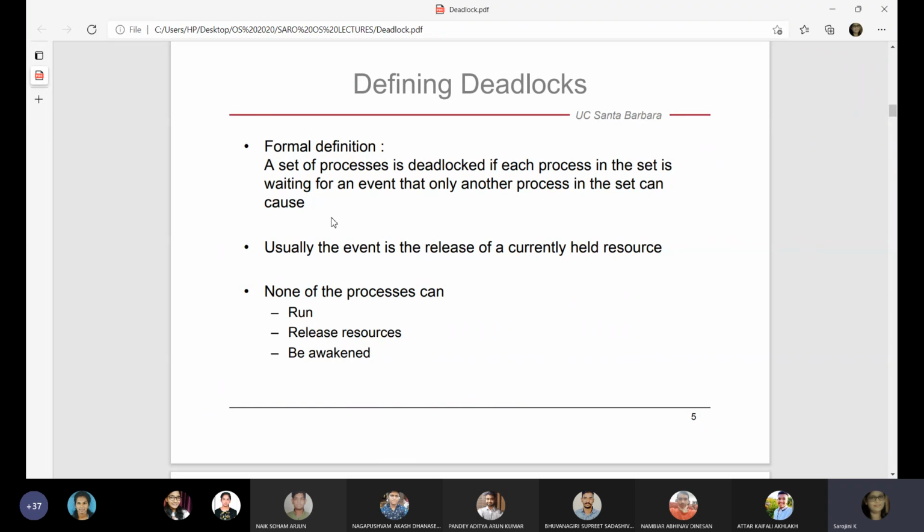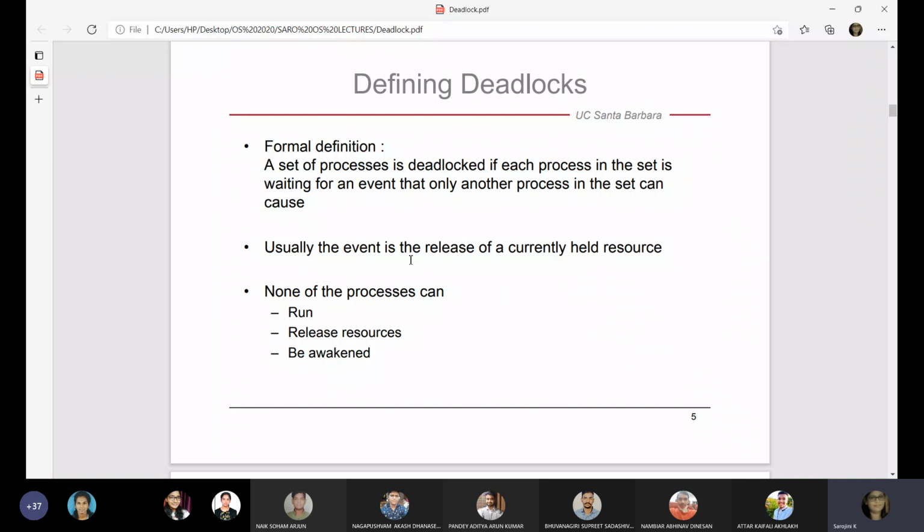B is waiting for C to release a particular resource. C is waiting for D to release a particular resource. D is waiting for E, E is waiting for F, and F is waiting for A again. So that is deadlock.